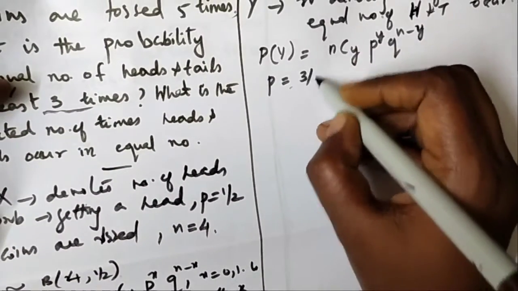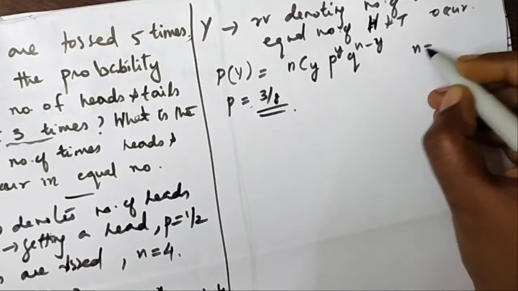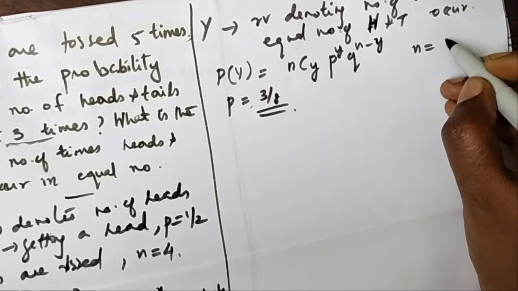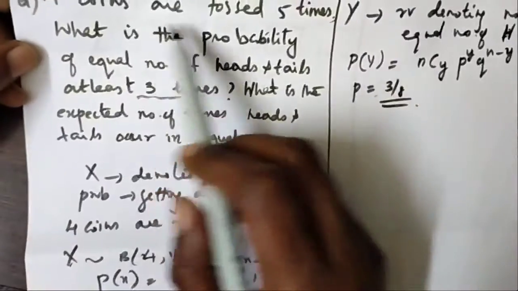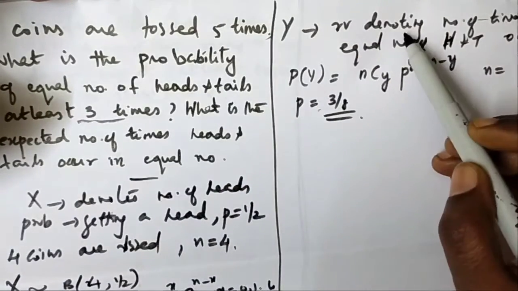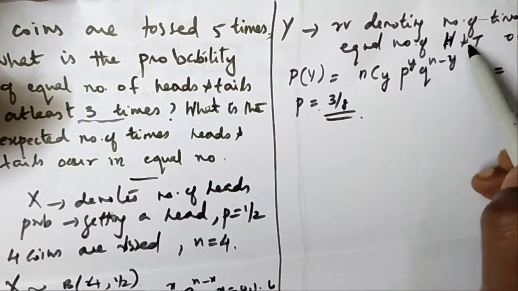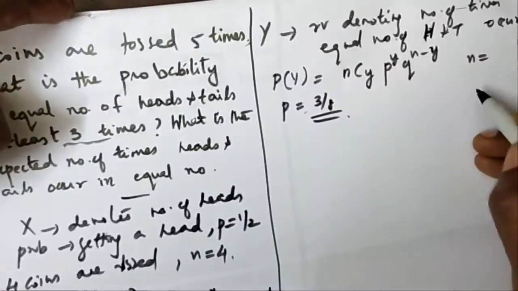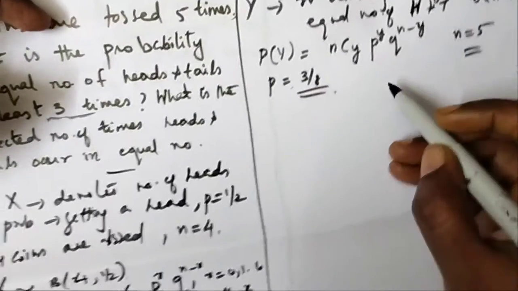So here the probability of equal number of heads and tails is 3 by 8. And what is n here? N is again, 4 coins are tossed 5 times. So Y is the random variable denoting how many times out of these 5 times. So n is 5. Okay.